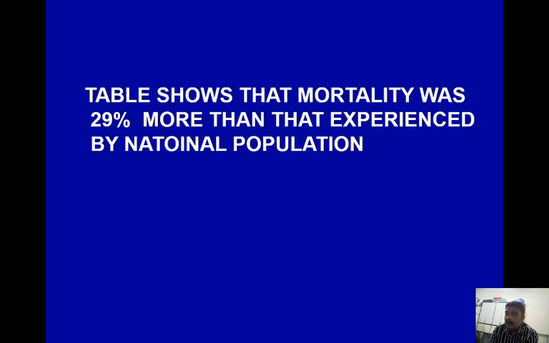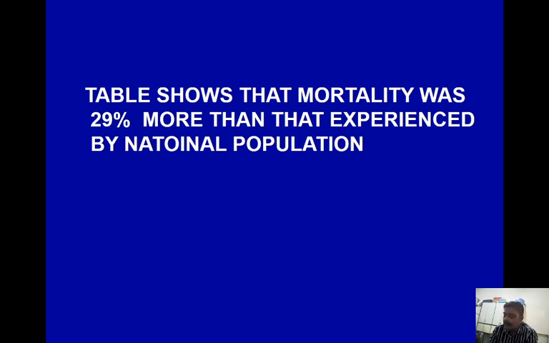So if you turn it around, the people who are working in coal mines have a mortality of 29% more than the national population. So if you're working in a coal mine, you have 29% more chance of dying than the general population. 129 is 29%. So this is basically what is indirect standardization or standardized mortality rate.